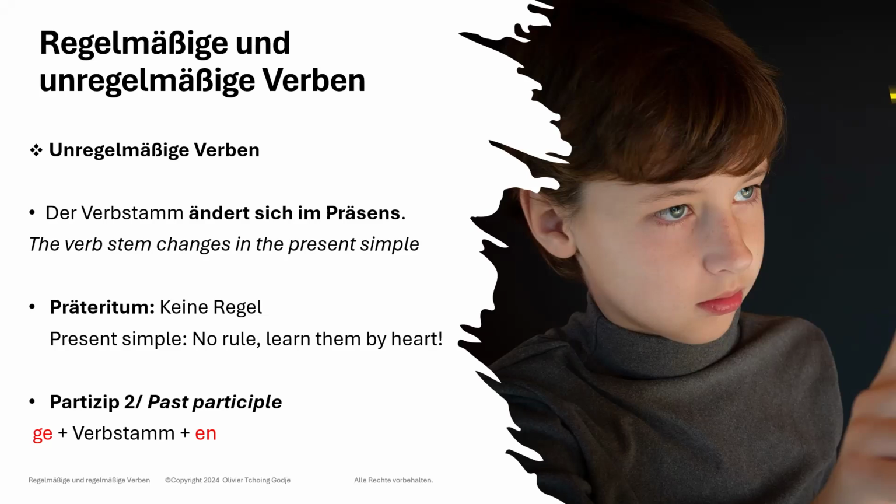There is no rule here. Each verb is different. Geben is gab. Gehen is ging. Schlafen is schlief. So we have to learn them by heart. And the third level where you can identify an irregular verb is the past participle. The past participle of irregular verbs always ends with en.